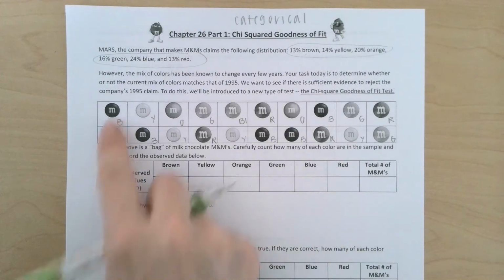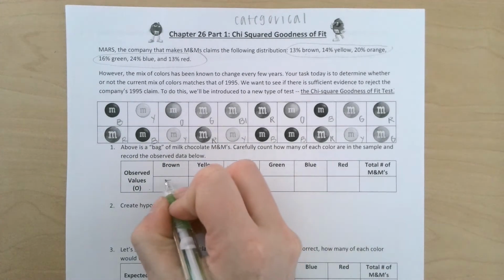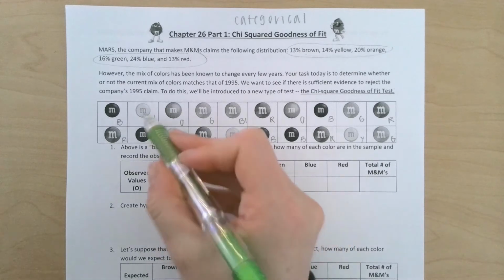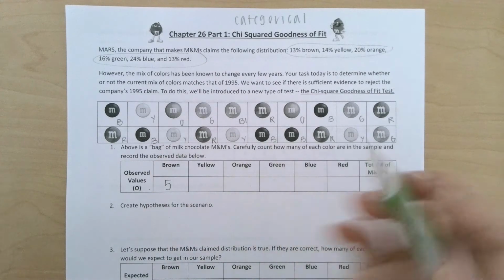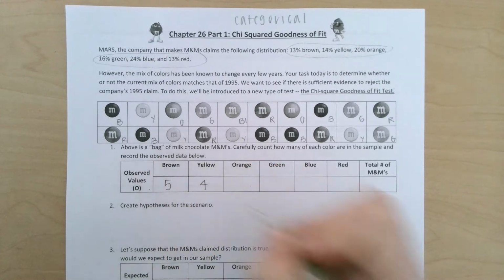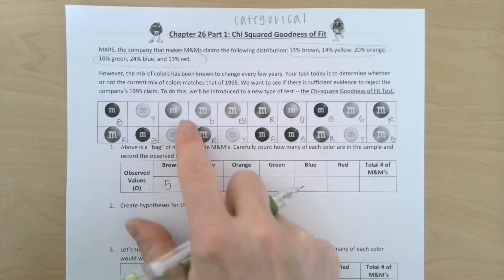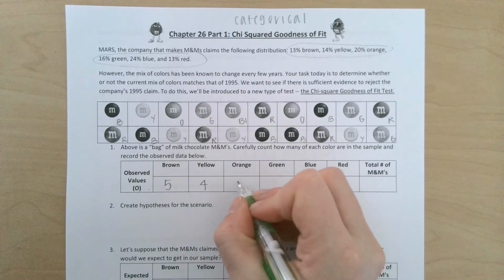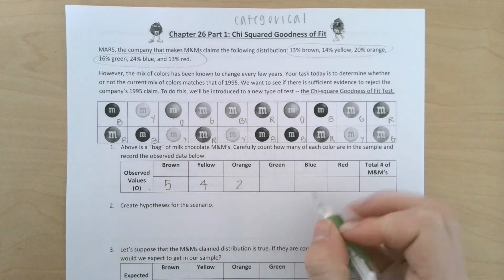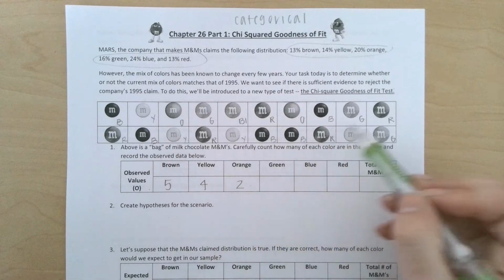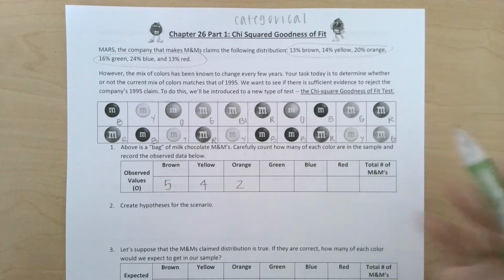So brown M&Ms, we should get 5 of them. Yellow, I'm getting 4. Orange, only 2. Green, 1, 2, 3 green.